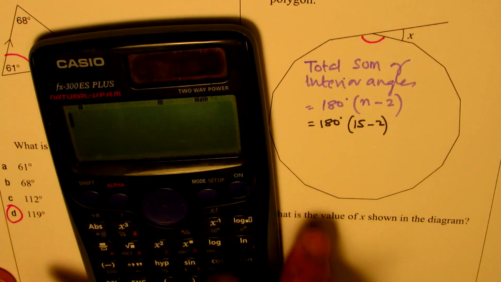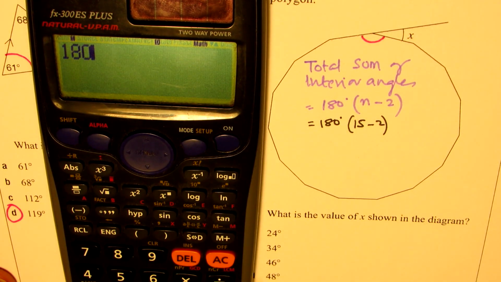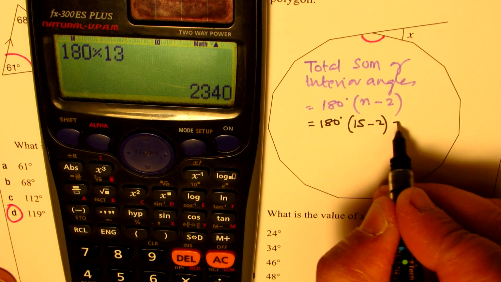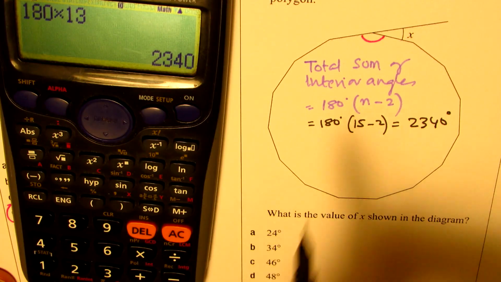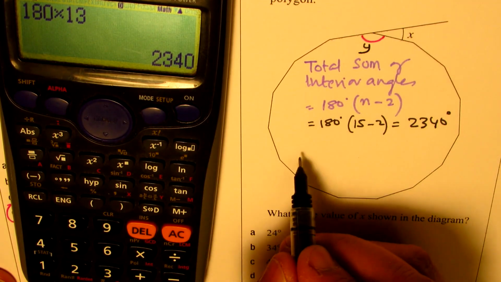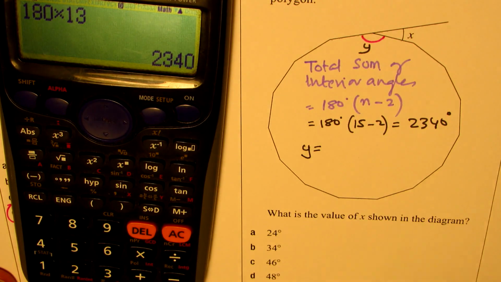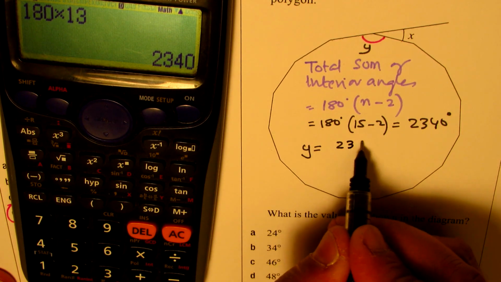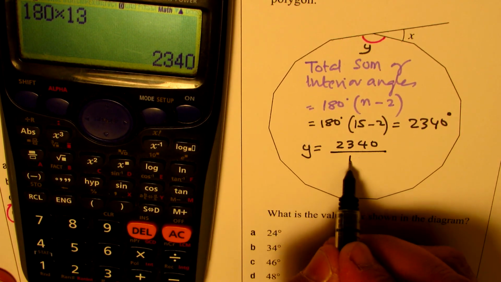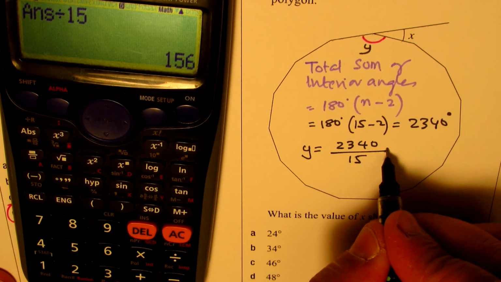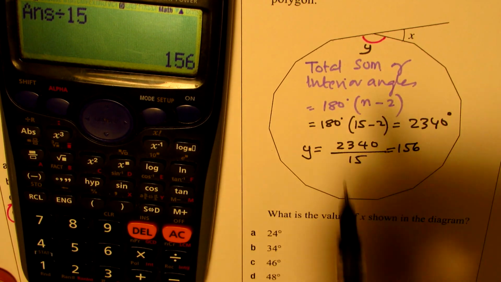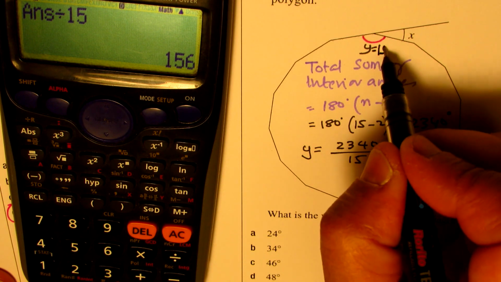Let's calculate 180 times 13, right? So that gives us 2340 degrees. Now, let's call this y, right? So the value of y will be equal to 2340 divided by 15, and that gives us 156. So this y is 156.